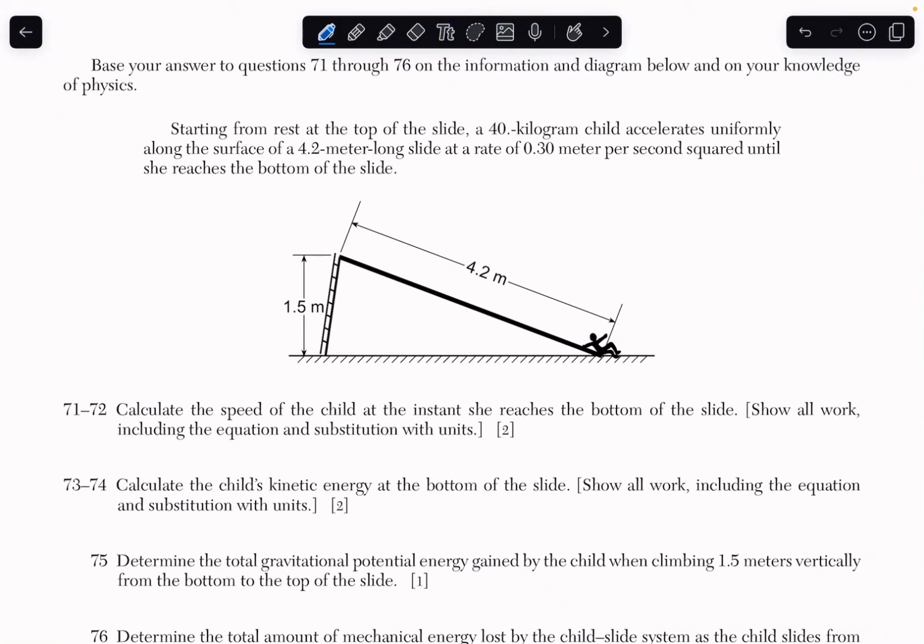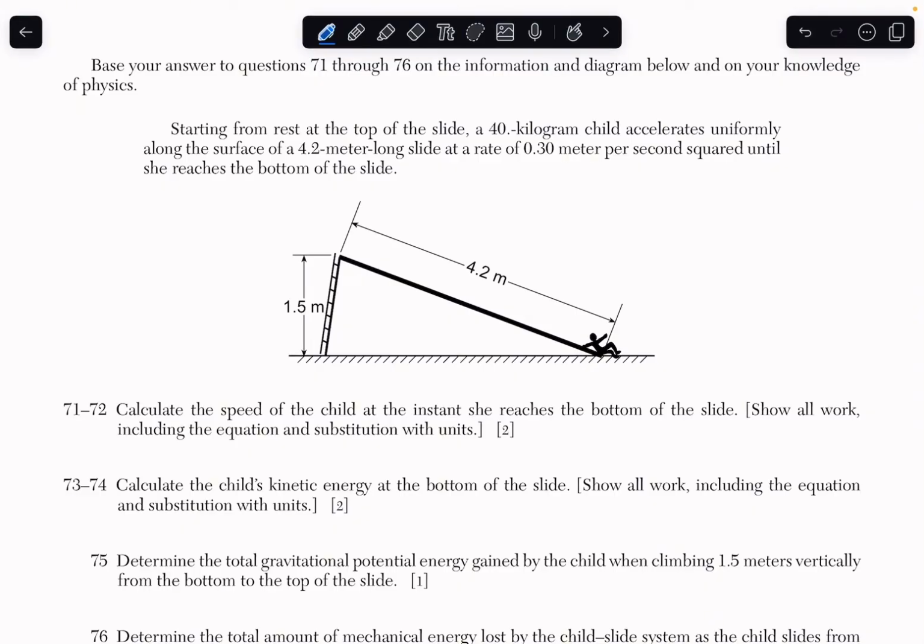So, 71 through 76. Starting from rest at the top of the slide, a 40-kilogram child accelerates uniformly along the surface of a 4.2 meter long slide at a rate of 0.3 meters per second squared until she reaches the bottom of the slide. 71 through 72. Calculate the speed of the child at the instant she reaches the bottom of the slide.